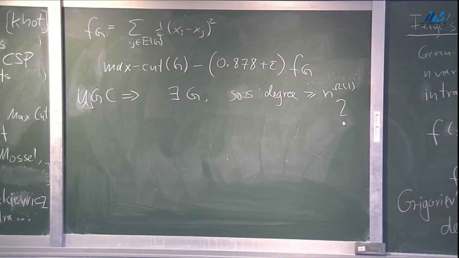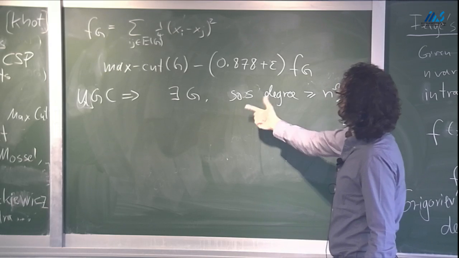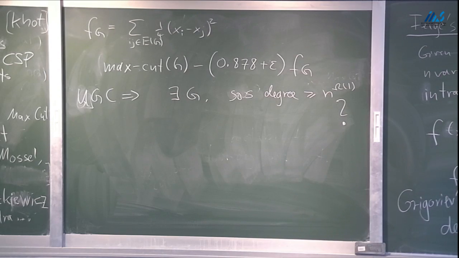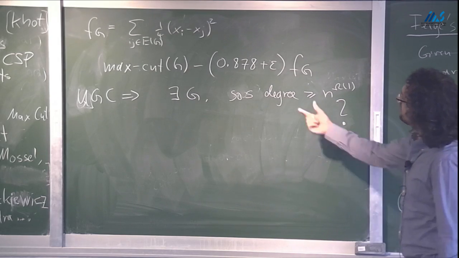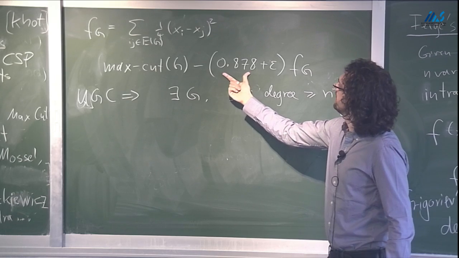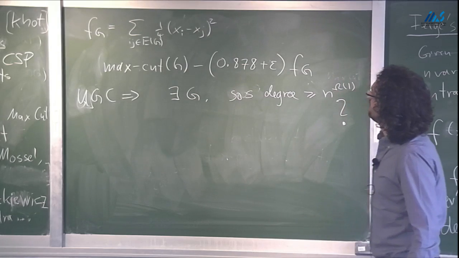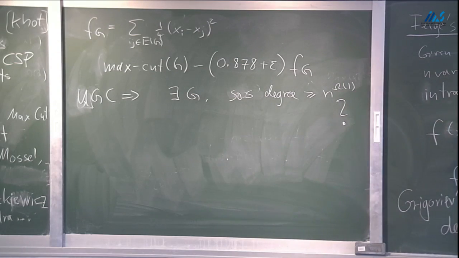You want some infinite family of graphs, and then you want to analyze the size of the sum of squares certificates for those. Basically for all constructions where we know that degree 2 is tight, actually degree 4 gives you a better bound.